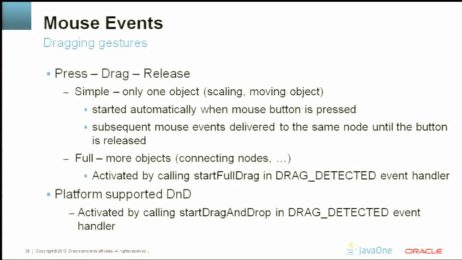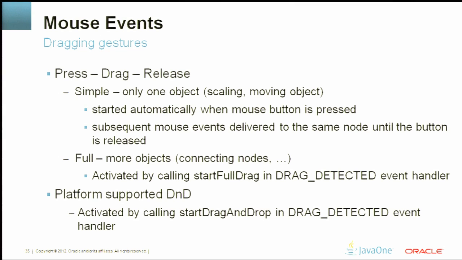Then I have here something about drag and drop. JavaFX supports three kinds of drag and drop. First, the simple one. It starts automatically when you start dragging on an object, and then all subsequent mouse events are delivered to this object.